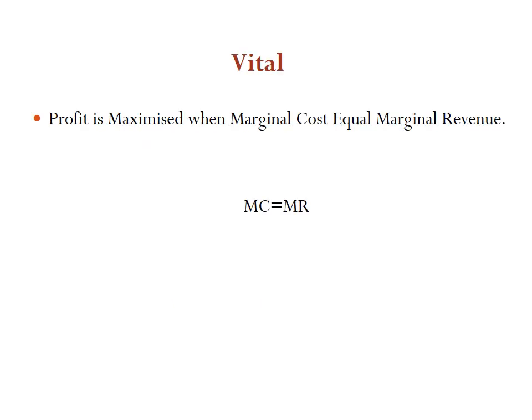Now, why have we talked about all of this? Marginal cost, marginal revenue, marginal output, returns to scale. Well, we know what we're trying to do in business: simply to maximize profit. That's why we're in business. You want to make money. You want to maximize your profit. And how do we do this?